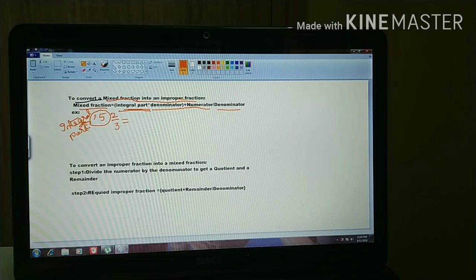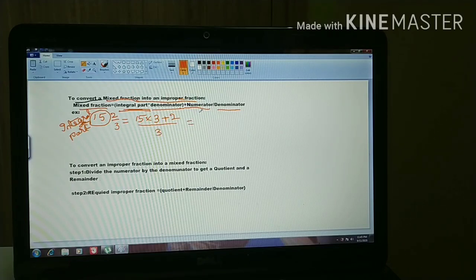According to our formula, first we write the integral part, that is 15, multiplied by the denominator, which here is 3. After that you add the numerator, which is 2. The whole thing is divided by this denominator.